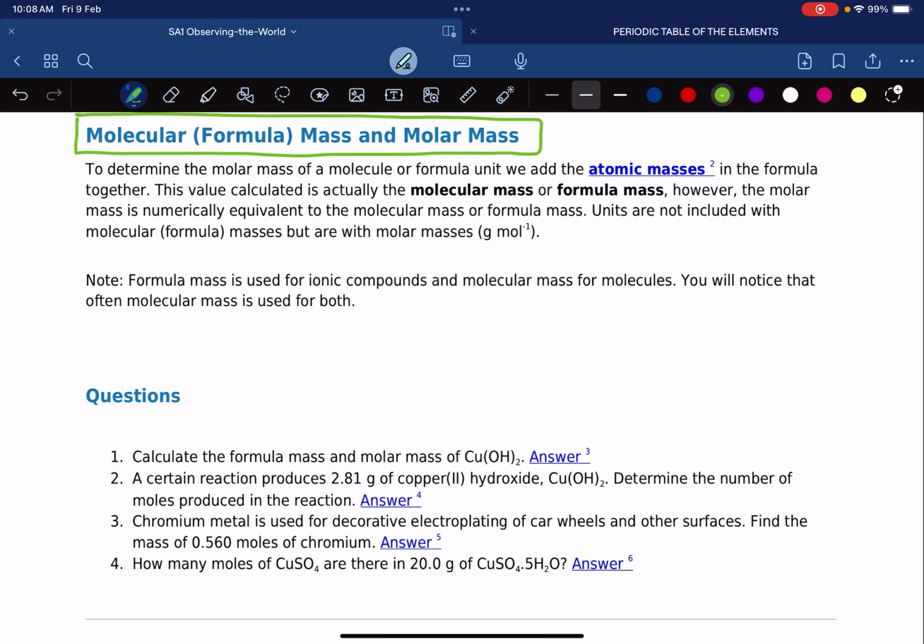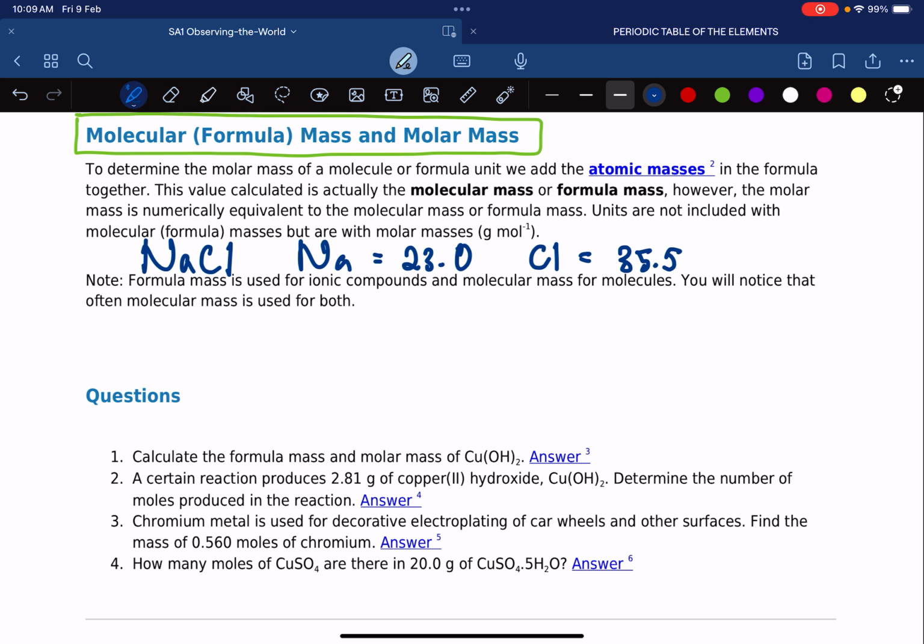Let's say I asked you to work out the molar mass of sodium chloride. I know sodium from the periodic table has an atomic mass of 23. Chlorine, we just did, is 35.5.